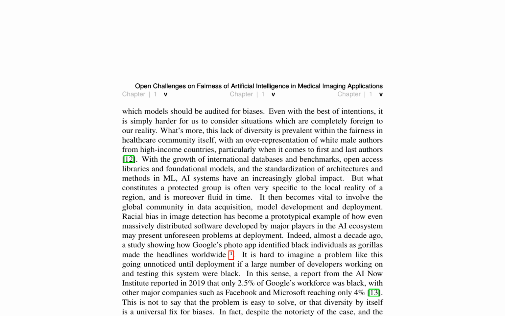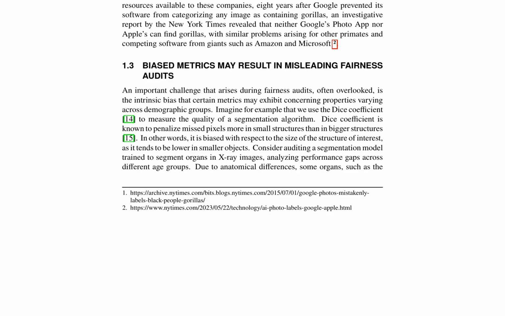The current challenges in ensuring fairness in artificial intelligence for medical imaging applications are multifaceted. One significant issue is the lack of diversity in the development and deployment of AI models, particularly in the healthcare community. This lack of diversity can lead to biases that are not immediately apparent, such as racial bias in image detection. For instance, a study showed that Google's photo app identified black individuals as gorillas, highlighting the problem of biases in AI systems.